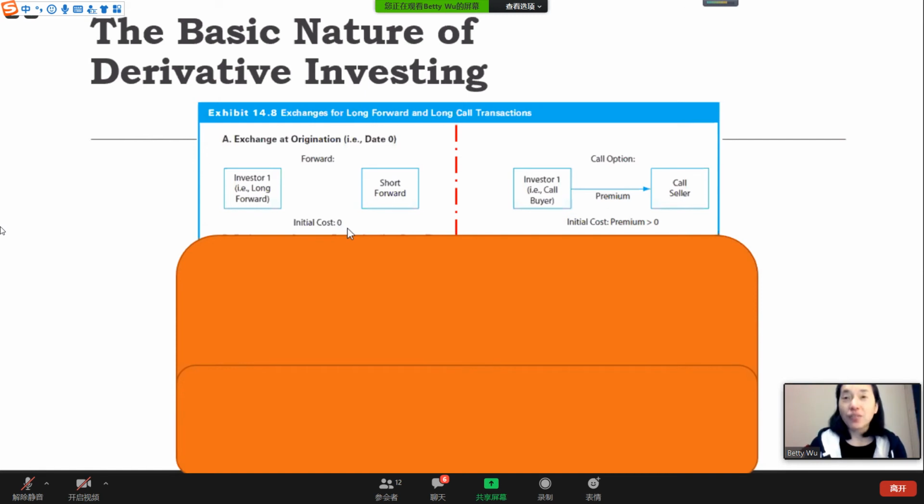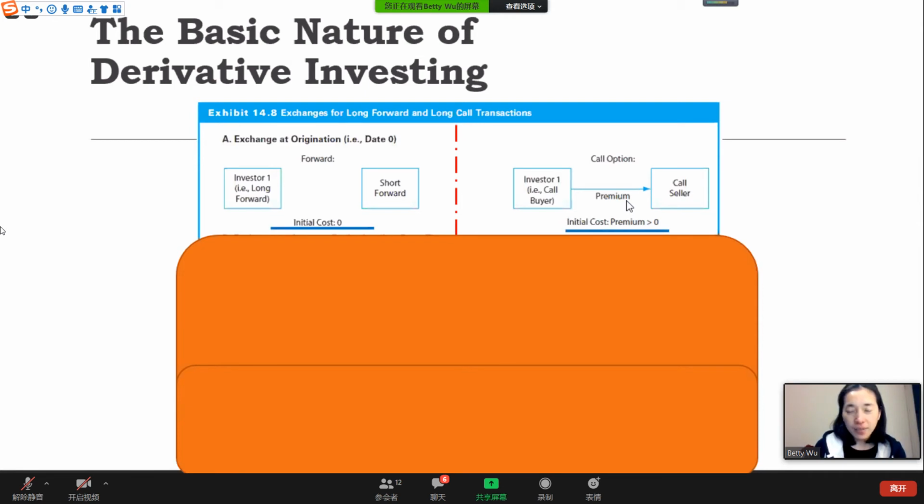It sounds very good, right? It sounds like free. Again, in finance, there is no free lunch. You always have to pay later on or something. But in forward, there's no cost. And for a long call, there's premium. So there's some kind of money exchange for a long call.